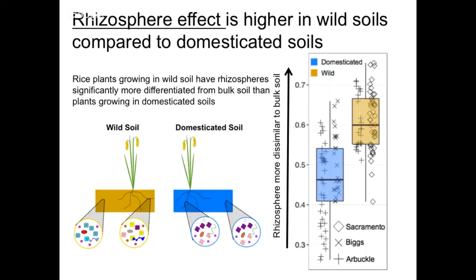A cartoon depiction of this: if you're looking at a wild soil and the plants growing in that, the microbial communities on the rhizosphere are much different than the communities out in the bulk soil. But if you're looking at domesticated soils, these communities are very similar to each other. This indicates that the plants growing in the field have changed their field's microbiome.